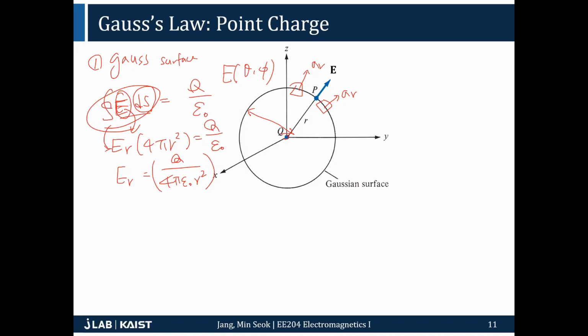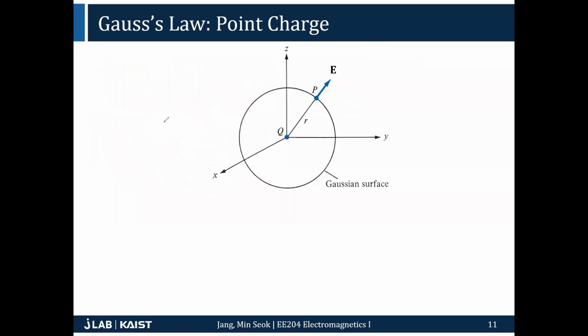That's true. But let's keep that in mind, and then I'll ask you another interesting question. From that argument, you know E_r, right? And what about E theta or E phi? How do you know there's no E theta component or E phi component?